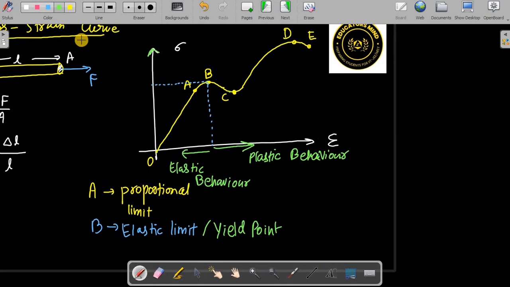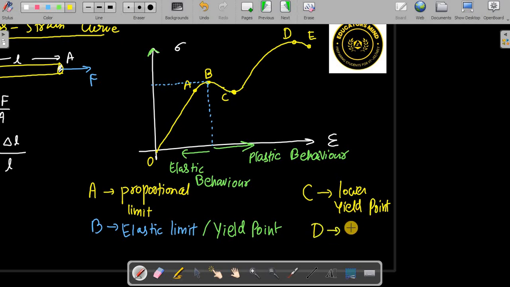Now, what about point C? Point C can be called the lower yield point.